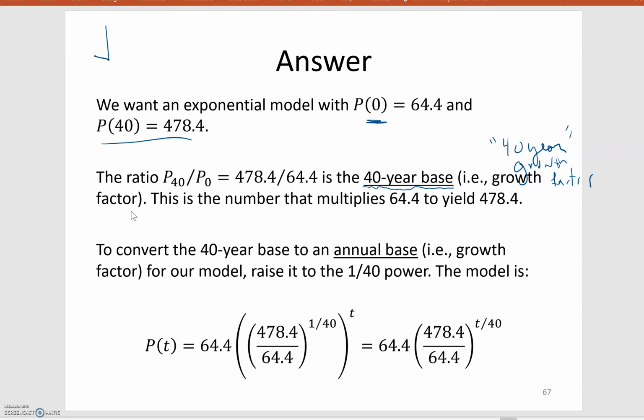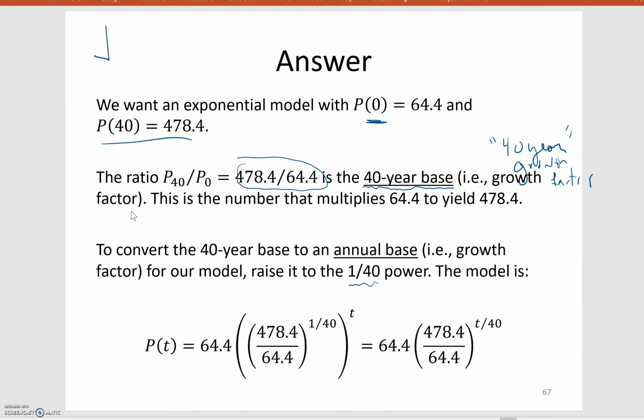So that's great, but we actually want the regular non-40-year growth factor. We want the annual growth factor, so we need to convert this to its annual factor. This is a little weird, but what we do is raise it to the 1/40th power, because this is the 40-year growth factor.